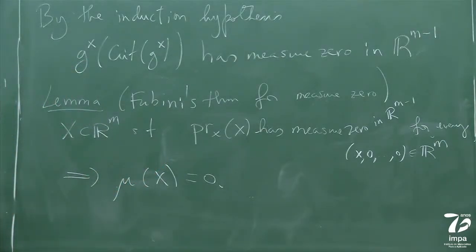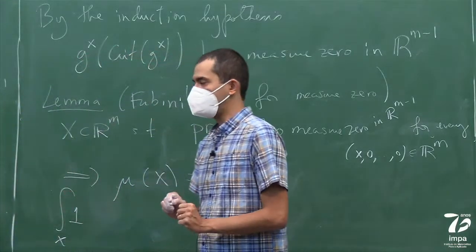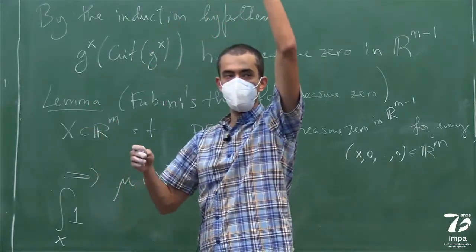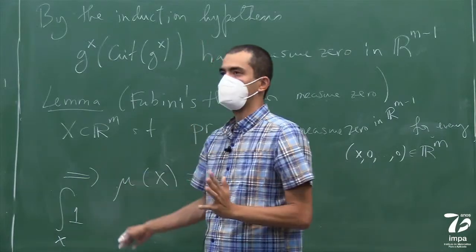If you're looking at the volume of some set, writing this in terms of measure theory, and you know that there's one direction in which every slice has measure 0, then this has measure 0.